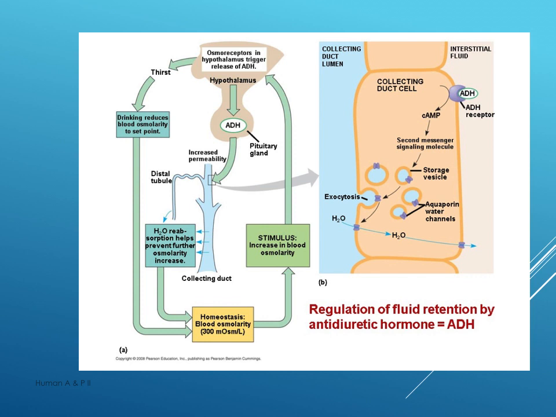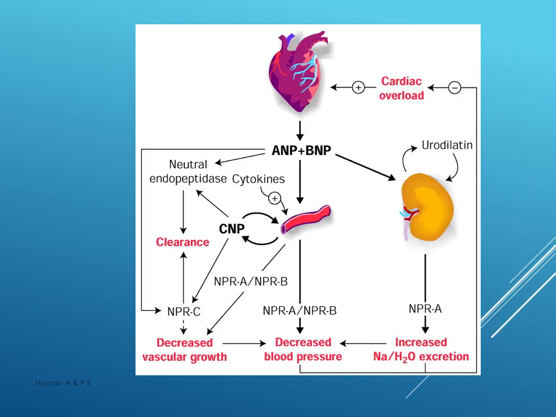So that increases water reabsorption, and it helps us to make a more concentrated urine if there's not enough water in the blood. Here's the molecule ADH binding to a receptor on the cell of the collecting duct, and that causes the collecting duct to make more aquaporins, which allow for water reabsorption. So this is similar to angiotensin in that it's going to increase water reabsorption. That's going to help boost blood pressure and blood volume.